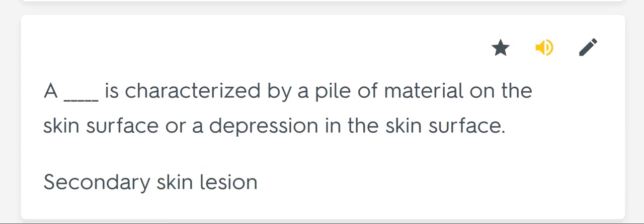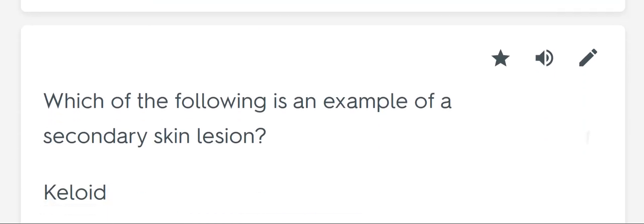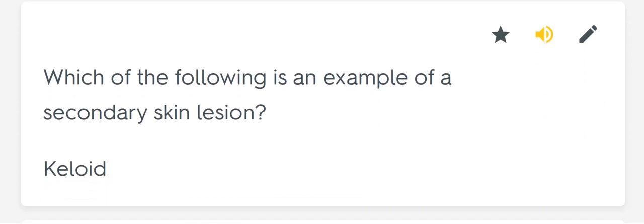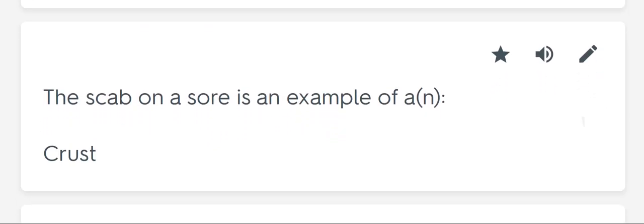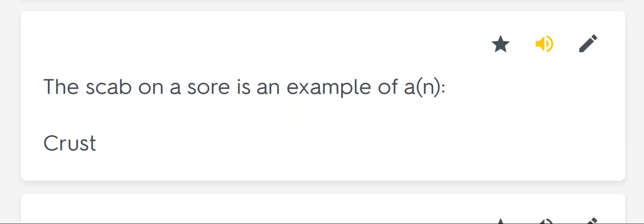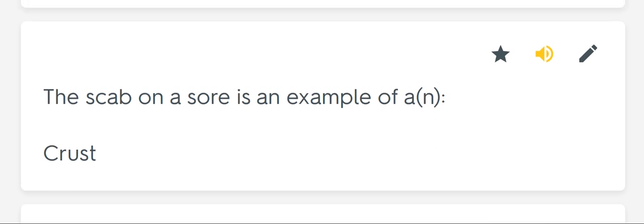A blank is characterized by a pile of material on the skin surface or a depression in the skin surface. Secondary skin lesion. Which of the following is an example of a secondary skin lesion? Keloid. The scab on a sore is an example of a crust.